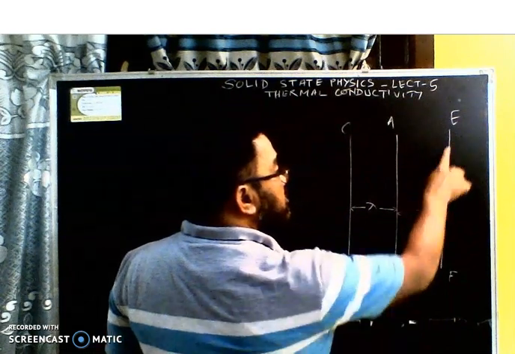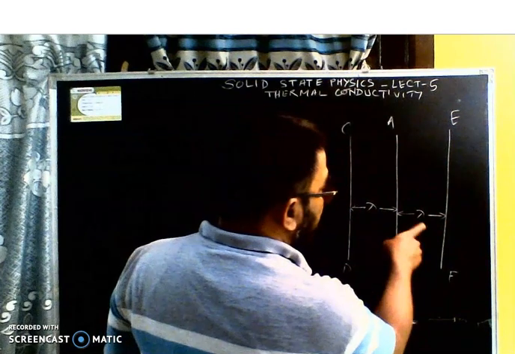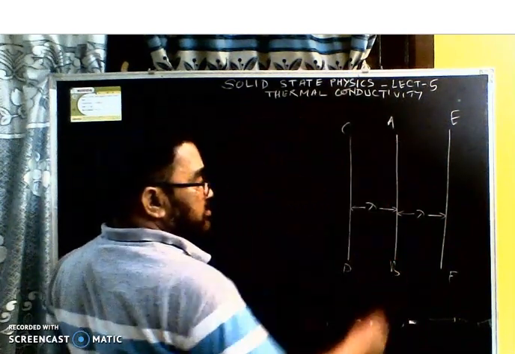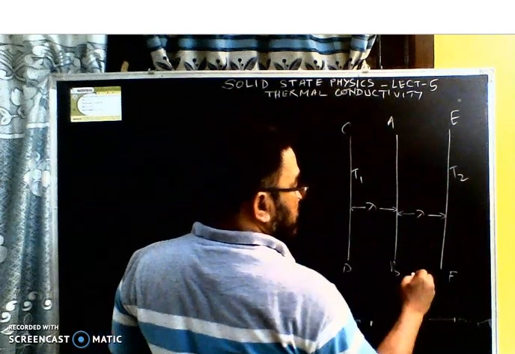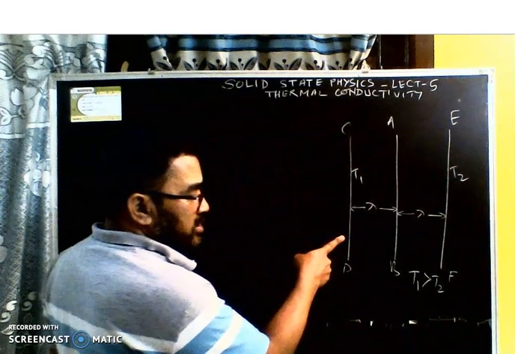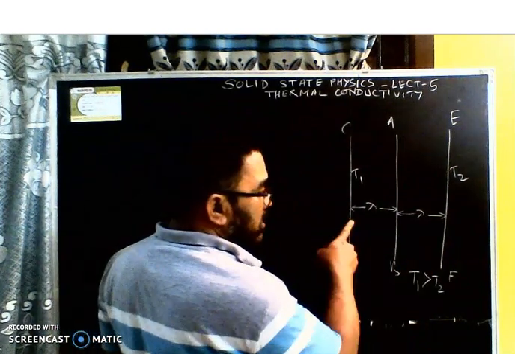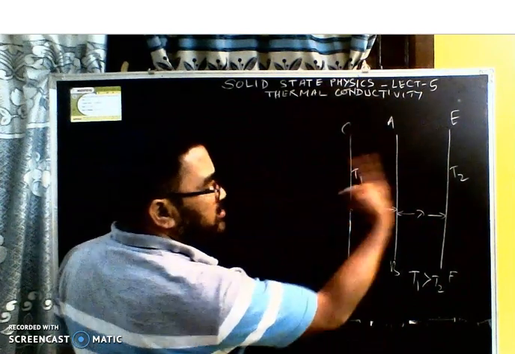Both the parallel planes EF and CD are at a distance lambda from the conductor AB. Its temperature is T1, and its temperature is T2. As T1 is greater than T2, heat will flow from this side to that side.